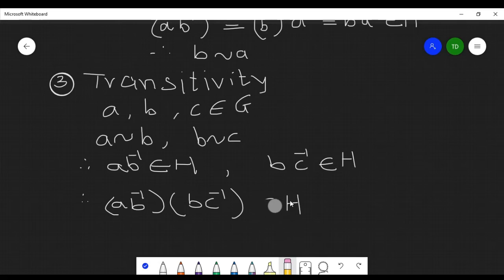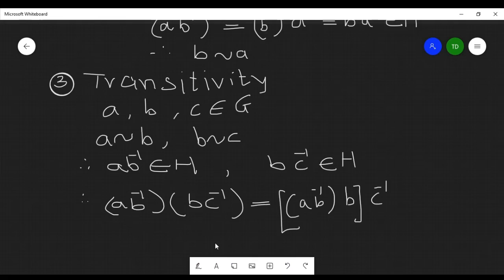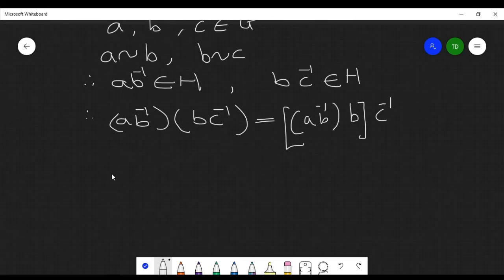What I'll do is go on applying associativity. This will be bracket A B inverse, and by the use of associativity, I'll be getting B over here and into C inverse as usual. Again let me apply associativity. So what will this produce? In bracket, I do have A into B inverse B, and outside I have C inverse.